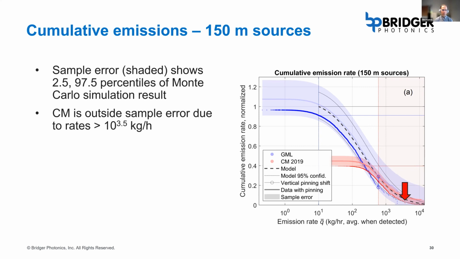That sample error range shows the 2.5 and 97.5 percentiles of a Monte Carlo simulation, assuming a sample of equivalent size. If the model is right, that should be a pretty good estimate of what we expect that variation to be. Now, carbon mapper comes outside of that at around 10^3.5 kilograms per hour, which is where we noticed that deviation outside the model on the previous slide.